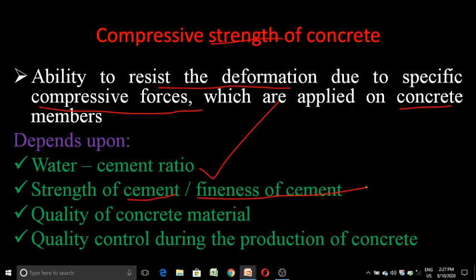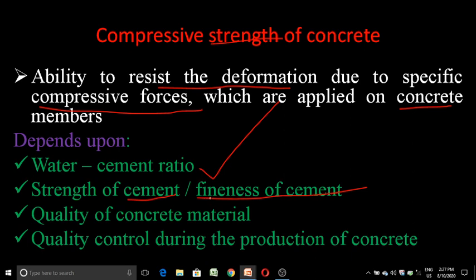How is it more? You know the heat of hydration process, because of that only the strength is gained by the concrete. What is the hydration process? Hydration means a reaction of water with any other material. Here in the concrete, water will react with the cement. That process is called heat of hydration. It evolves heat that will generate the strength in the concrete.